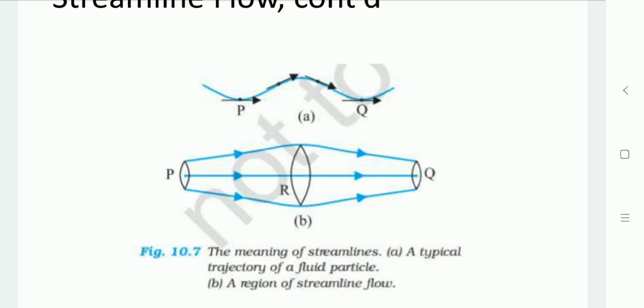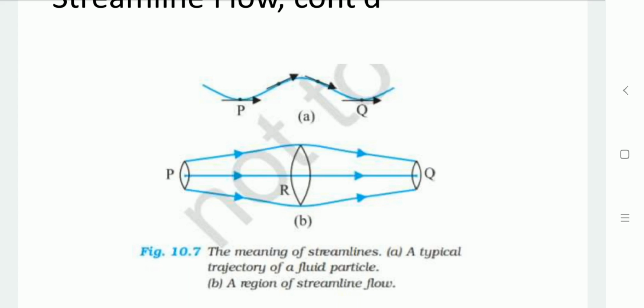If they do, the fluid particle can go in either direction, and the flow cannot be defined as steady. So for steady flow, streamlines do not cross each other at a particular time.